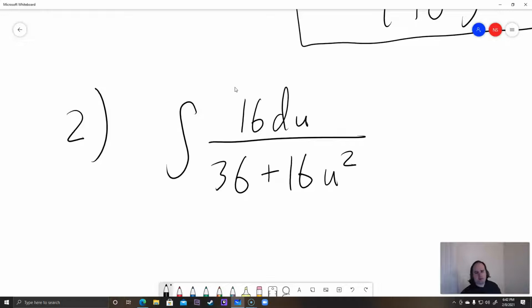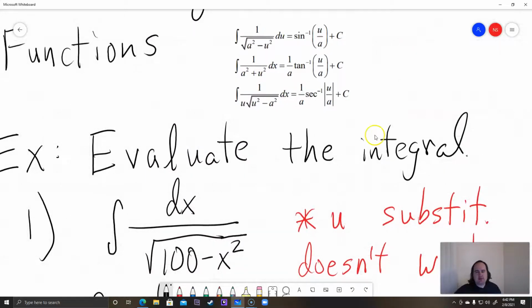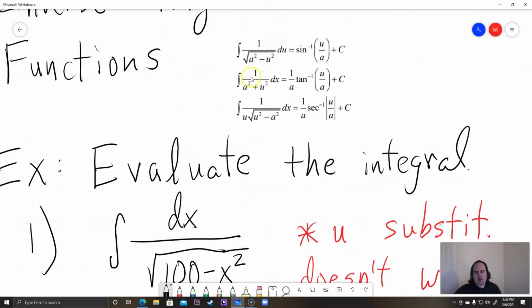So now, this one isn't quite as easy as the last problem because it's not in a format where we can use the formula yet. But if we look at these formulas up here, the one that looks the most like ours would be the second one.